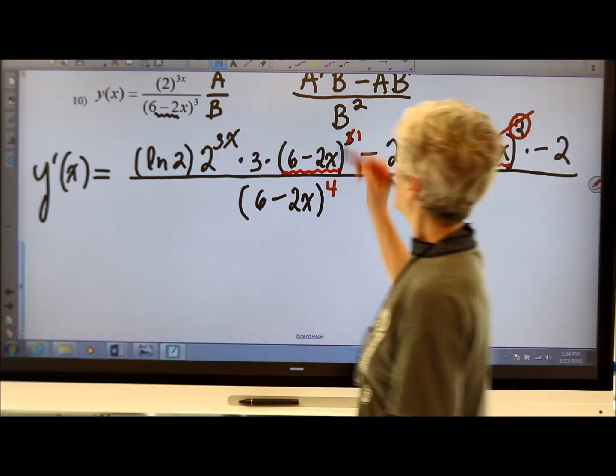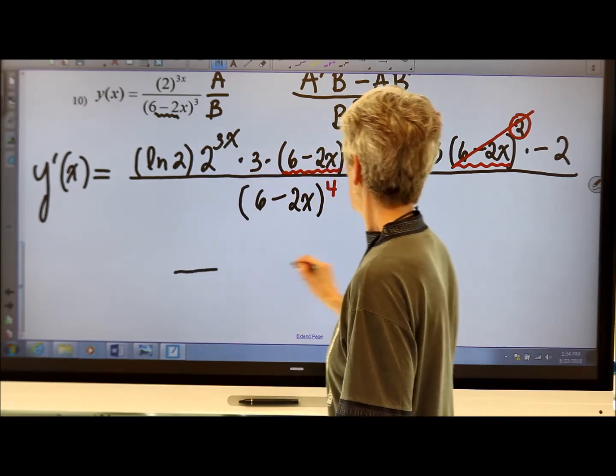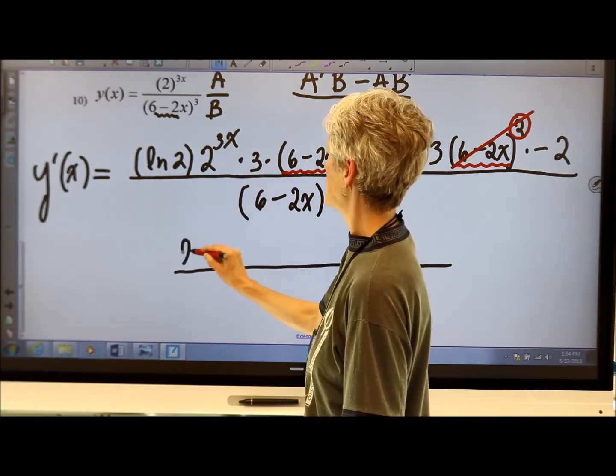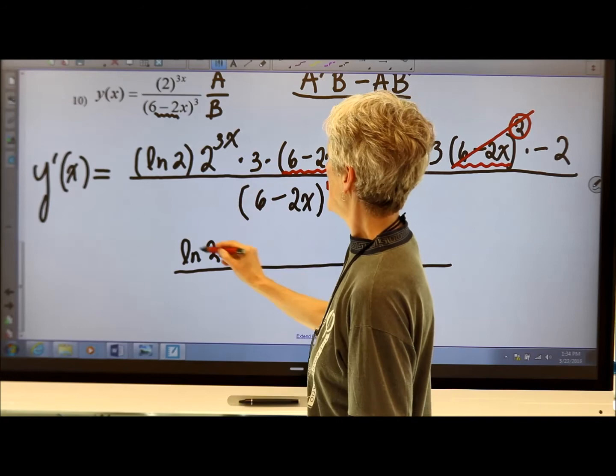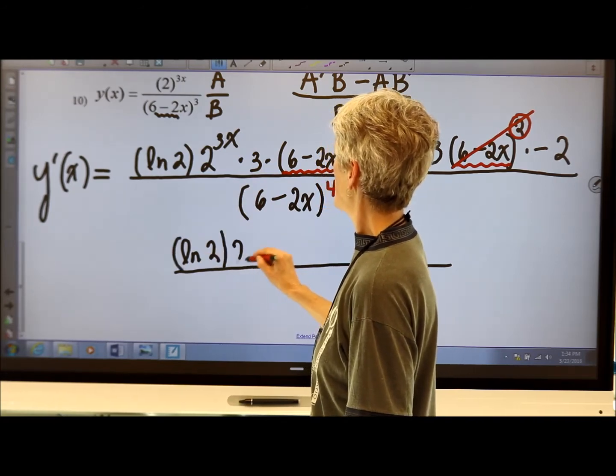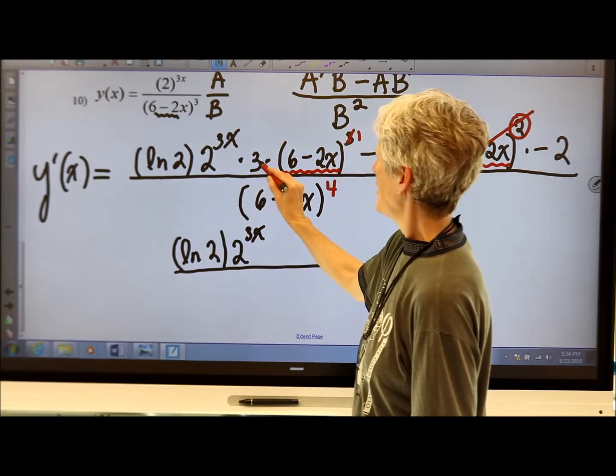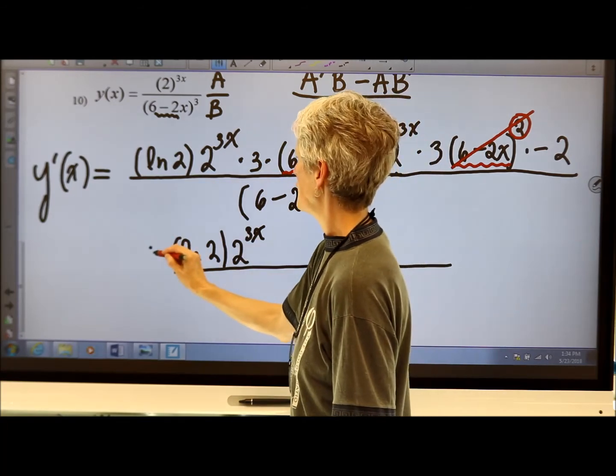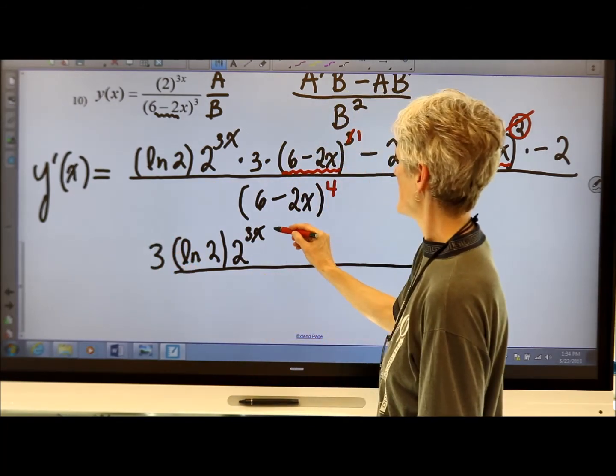And then my final answer would just be my leftovers. I have the natural log of 2 times 2 to the 3x. That constant there I'm going to bring out front and call it a coefficient just because I like doing that.